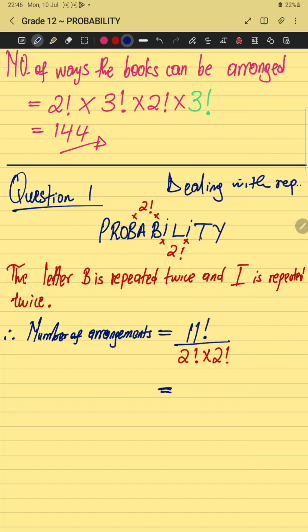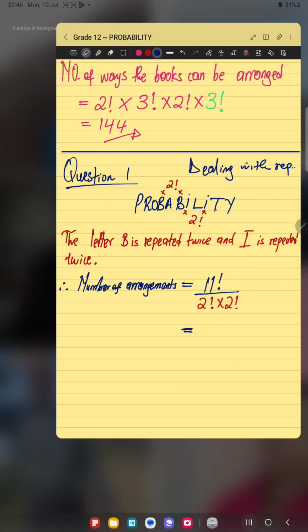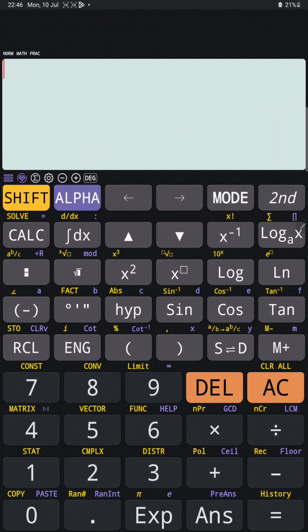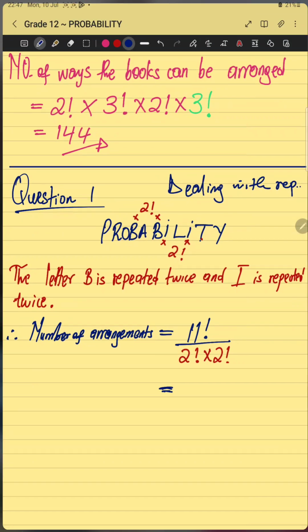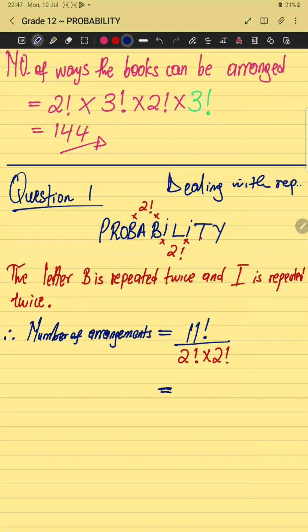And then we just use our calculator to check: 11 shift factorial divided by 2 factorial times 2 factorial. So it's 9 979 200.